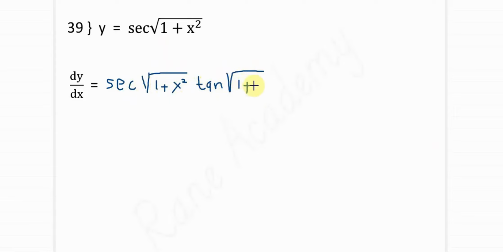Now the inner function is under root of 1 plus x square. So we differentiate it. Root x is 1 upon 2 root x, so it will be 1 upon 2 under root of 1 plus x square. And now we differentiate the inner function, that is 1 plus x square, which is 2x. So we can easily cancel this 2 and 2 and we get the required answer.